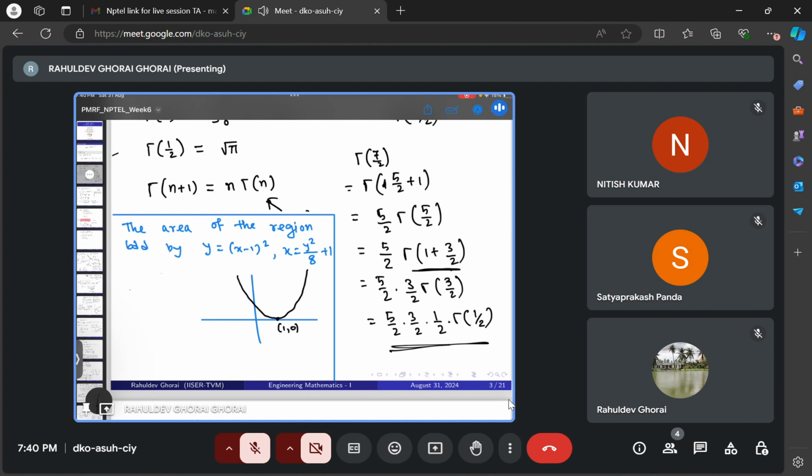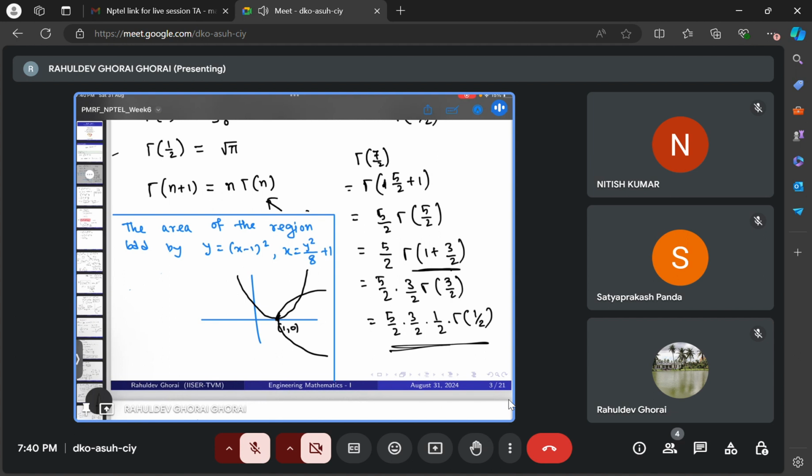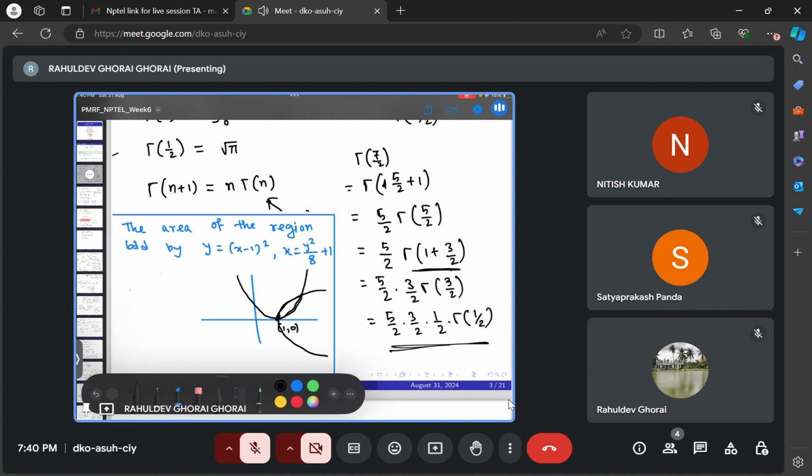It will intersect at 1 only, but it will be like this. This, right? And the region, our domain of interest, is this, right?